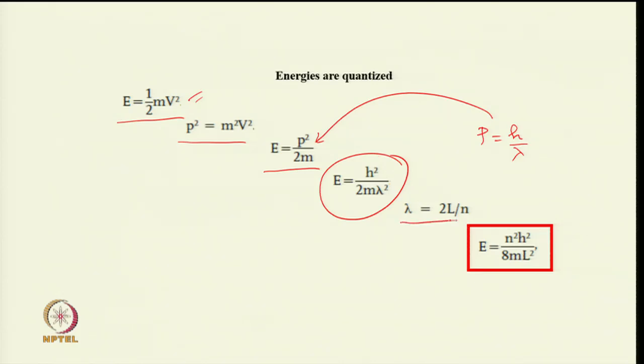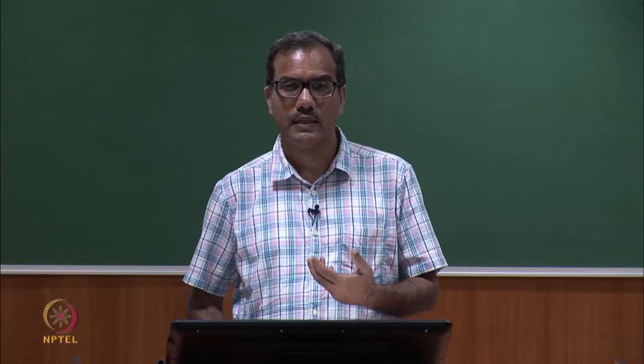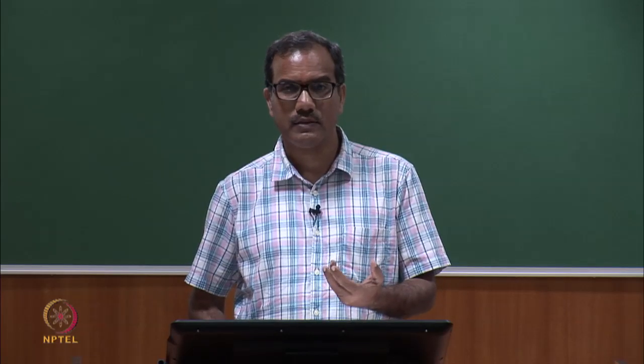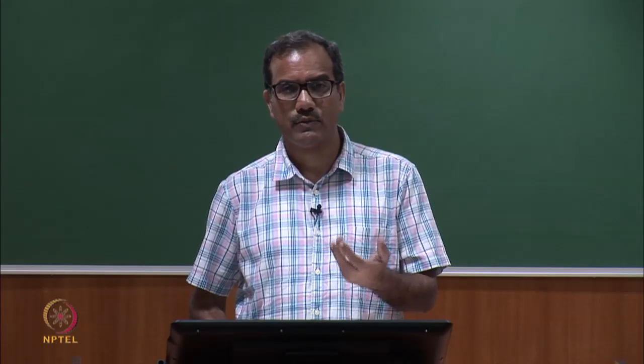I showed you that lambda is equal to 2L by n, so putting it here, E is equal to n square h square by 8 m L square. This is the way you can know the energy of different electronic levels, with n equal to 1, 2, 3, 4.